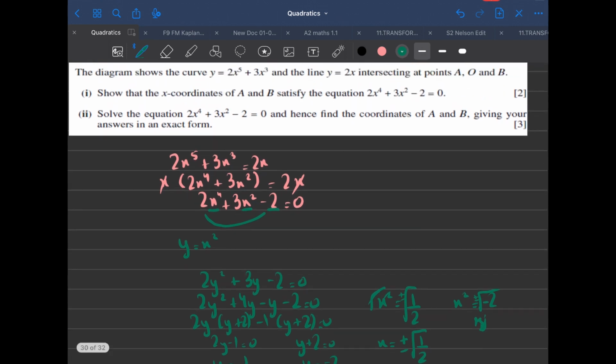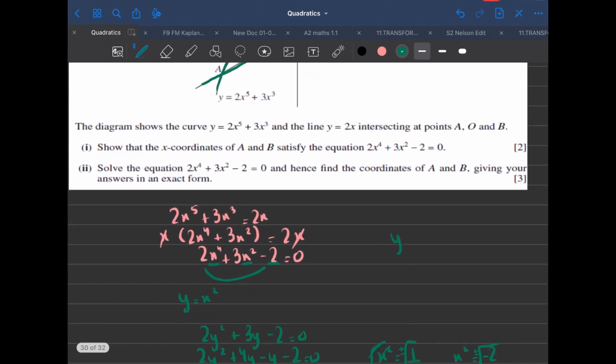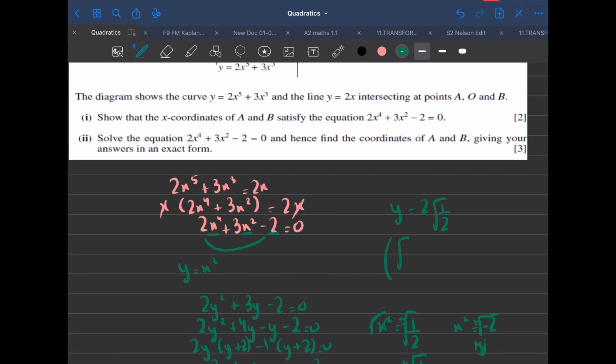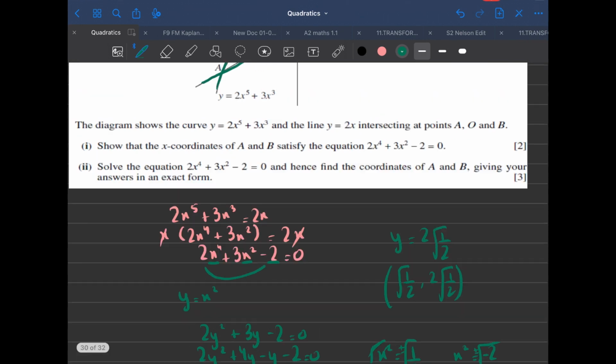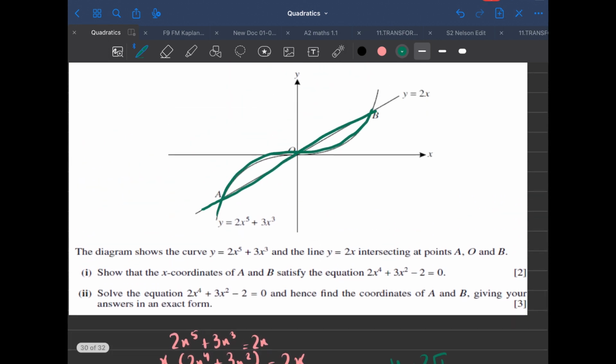So once I get x, how will I get the y coordinate? So let's plug in here 2 into under root 1 upon 2. That's my first coordinate. Under root 1 upon 2 comma 2 under root 1 upon 2. And it's a coordinate of what, bache? It's a coordinate of b. How do you know that? Because b is where x and y both are positive.